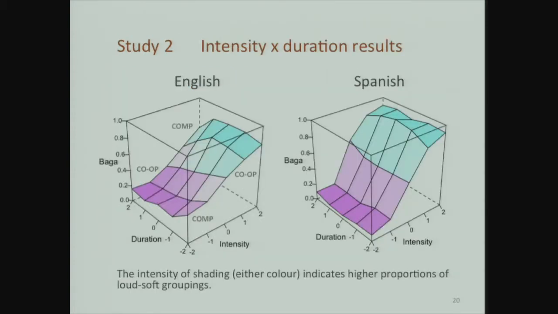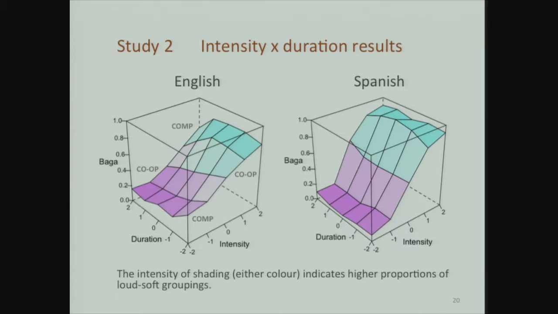So what did we find? What you see before you are wire graphs that show how the predictor variables interact. The important thing to note is that the lines going up this way indicate intensity variations on both graphs, and the lines going this way indicate duration manipulations.